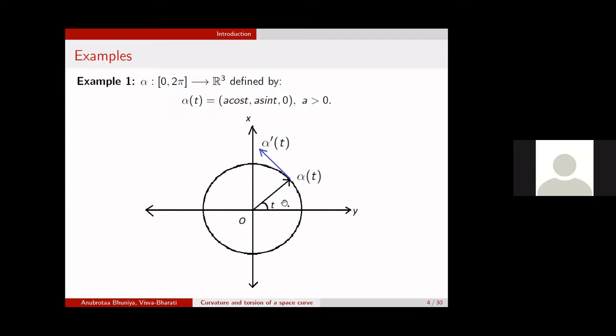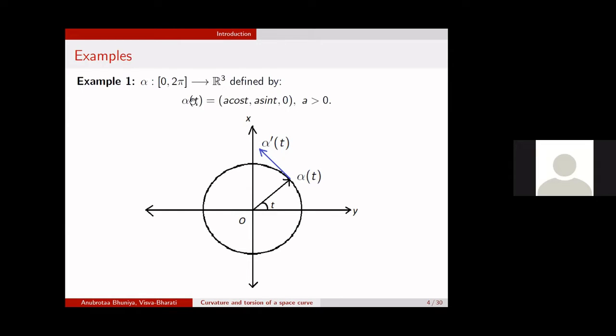Now, let me give some examples of a space curve. This is a circle, which is actually a plane curve. In the xy plane, the circle lies with radius a, and we can define it by taking alpha from 0 to 2 pi to R3, with alpha t equal to a cos t, a sin t, 0, where a must be greater than 0.